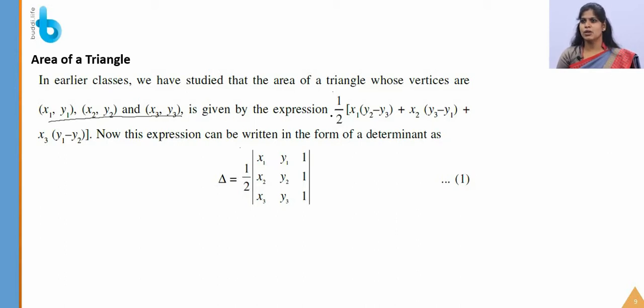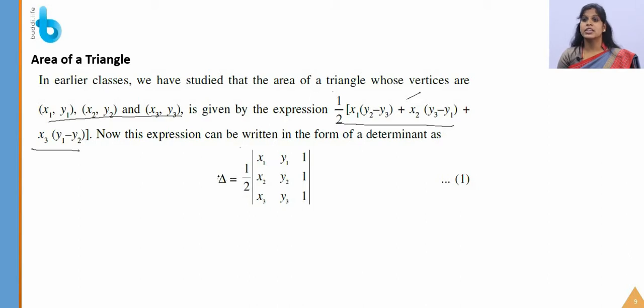And what is the formula? 1 by 2 x1 into y2 minus y3 plus x2 into y3 minus y1 plus x3 into y1 minus y2. Now this expression can be written in the form of a determinant. So instead of this formula we can use this determinant formula also.